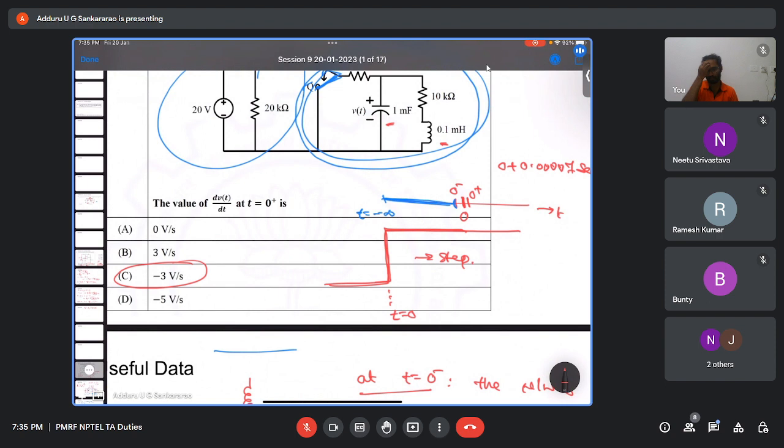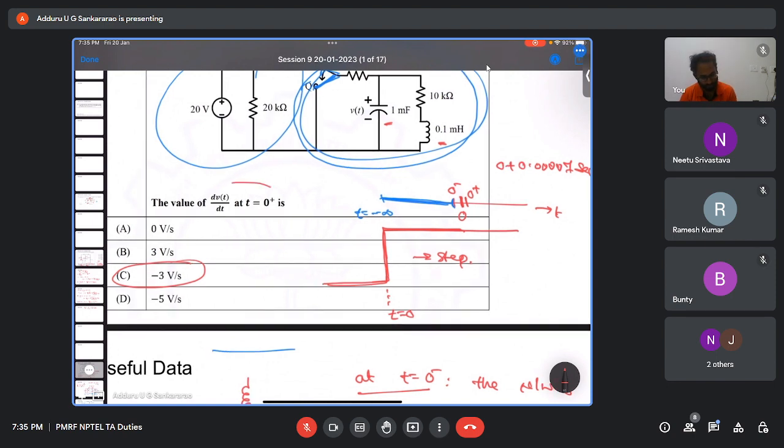Is that okay? Have you understood? Basically what they're asking is the voltage across the capacitor just after the switching action. Just before switching action, you try to find out the steady state voltage and current across the capacitor and inductor.